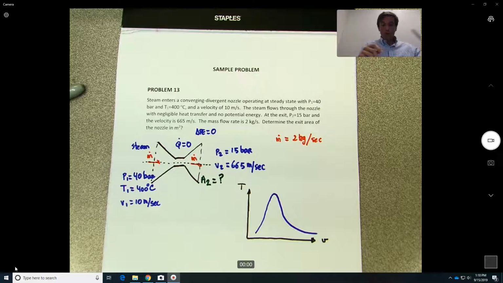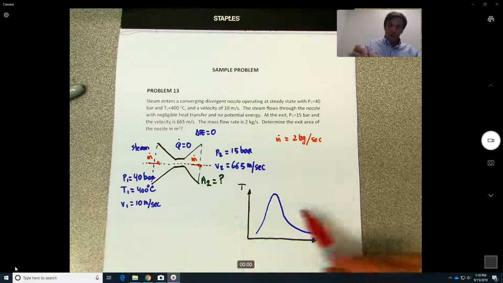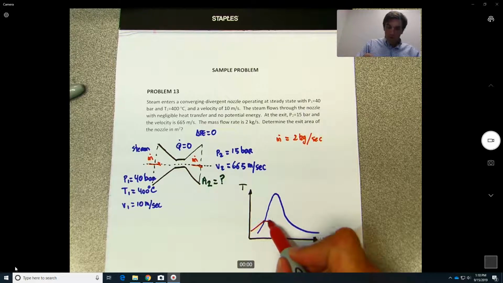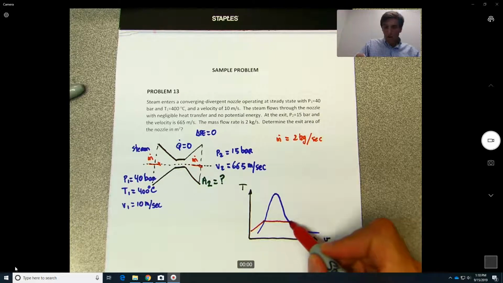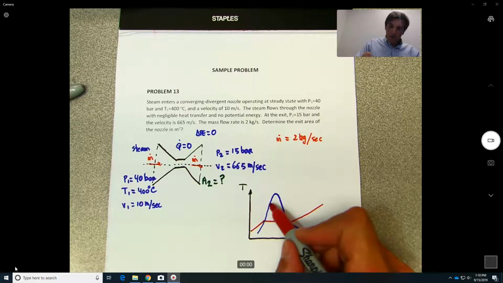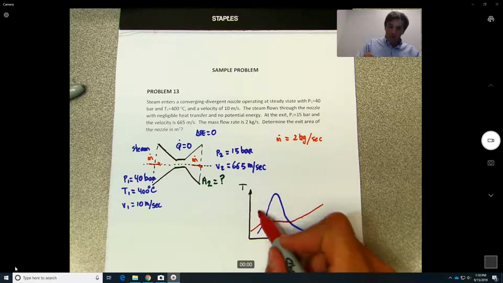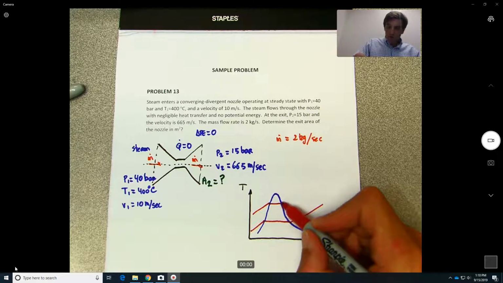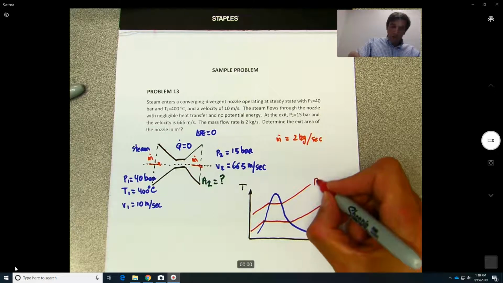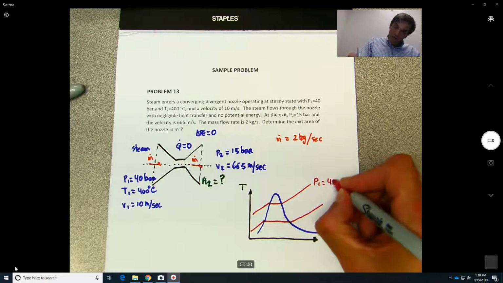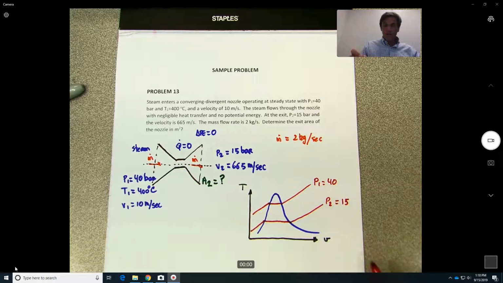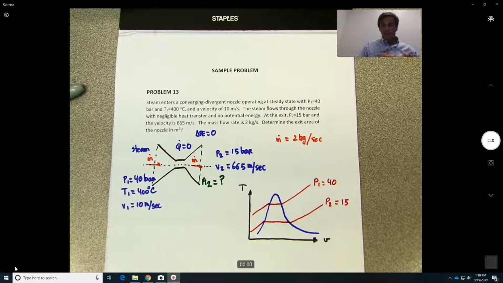It looks like we go through two lines of constant pressure, one at 15 and the other one at 40. So let's say this will be P1 40, P2 15, and let's try to complete this figure as we do the problem.